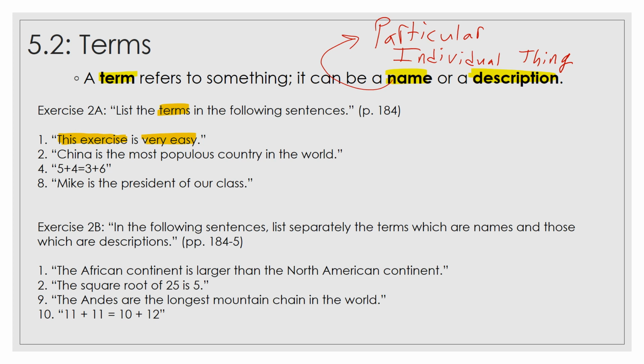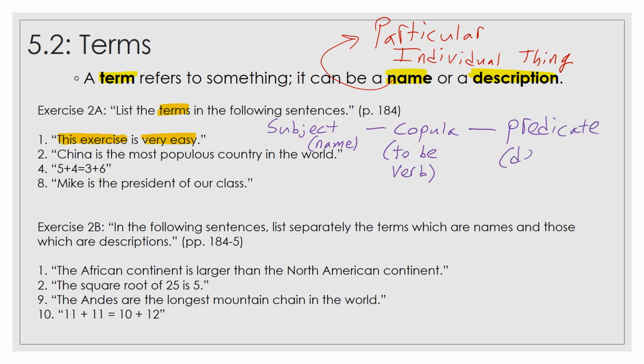And by the way, this is a very common form of proposition, where you have the subject, which we can think of as a name, the so-called copula, which is the to be verb, such as is, or is not, or are not, and then the predicate, which we can think of just as the description.